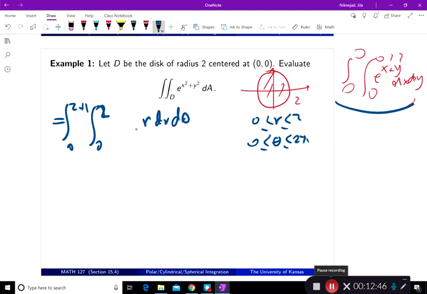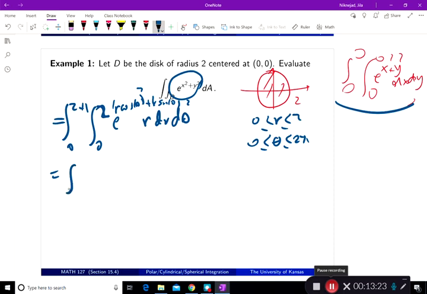Now, one more step. What I haven't dealt with is this: e to the power x squared plus y squared. If I plug in r cosine theta to power 2 plus r sine theta to power 2, I know r squared factors, and I end up with sine squared theta plus cosine squared theta.